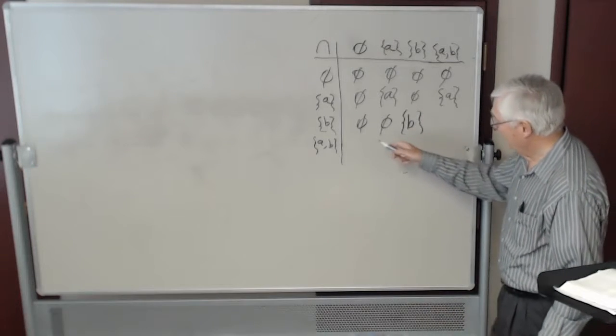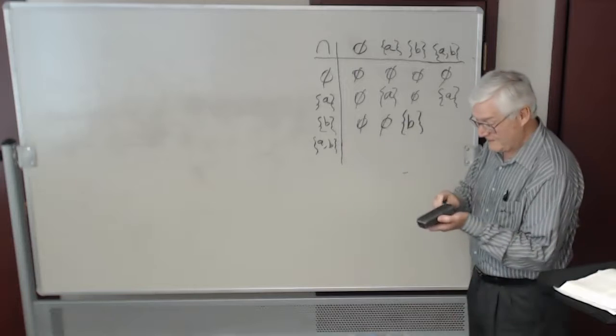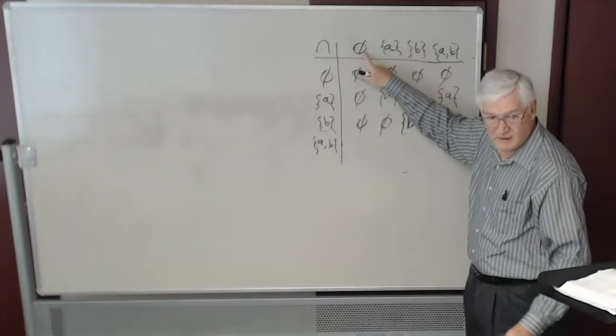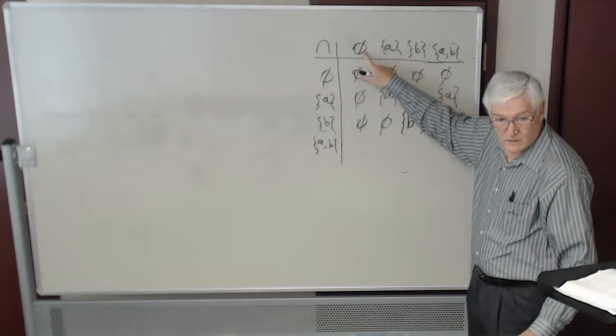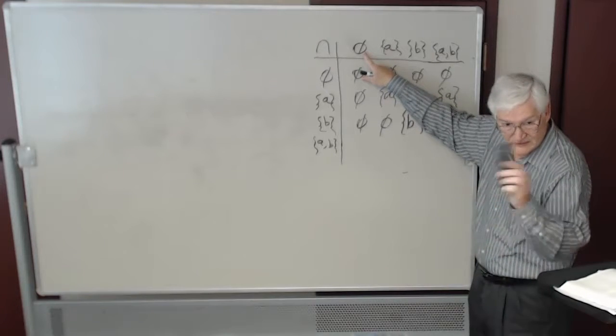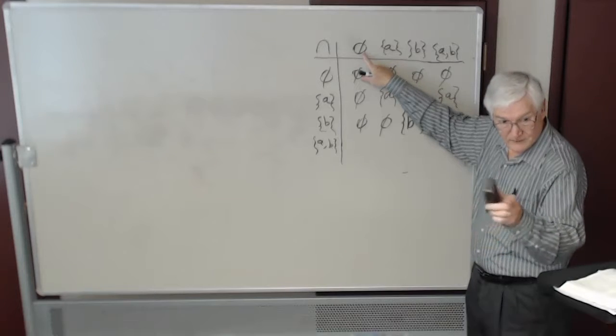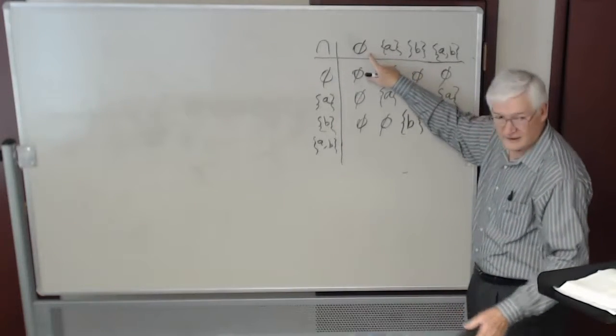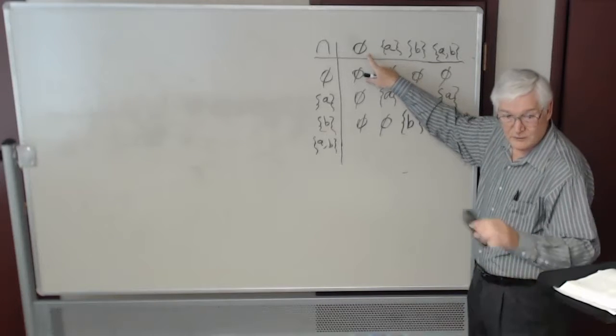No. Okay, look. What's the intersection of B with empty set? Go back to the chapter on sets. What's the intersection of the set B with the set empty set? What do those two have in common?